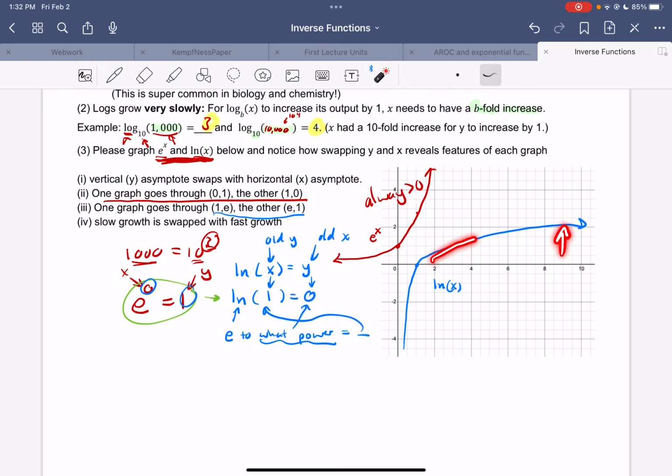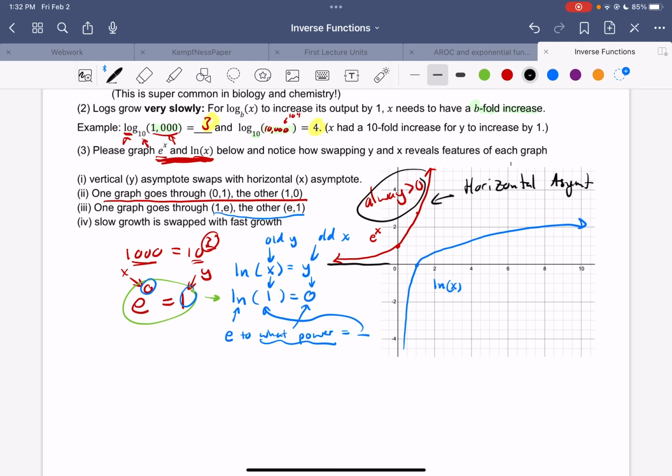It really levels out pretty quickly. And I really should have extended this picture. Sorry about that. The exponential graph has a horizontal asymptote. We never cross the x-axis.